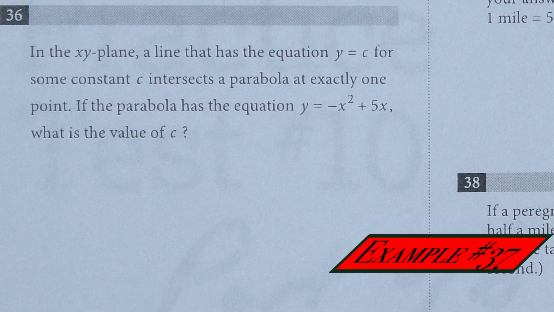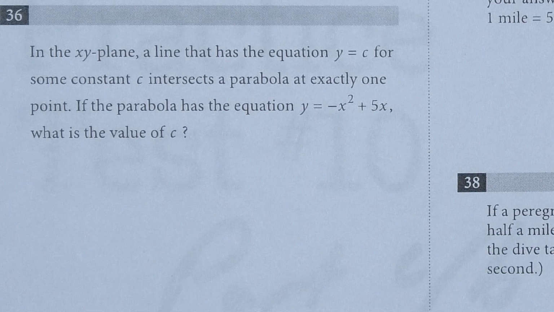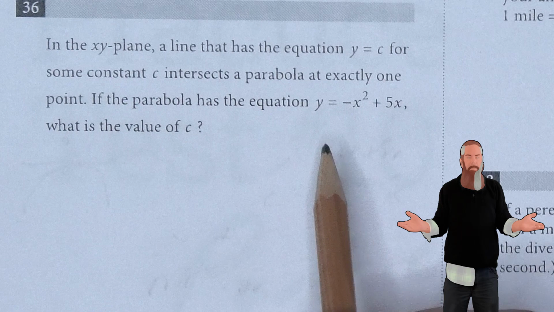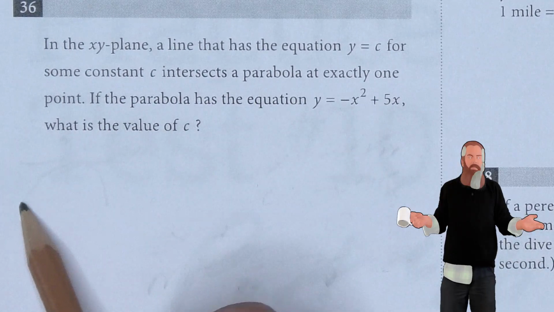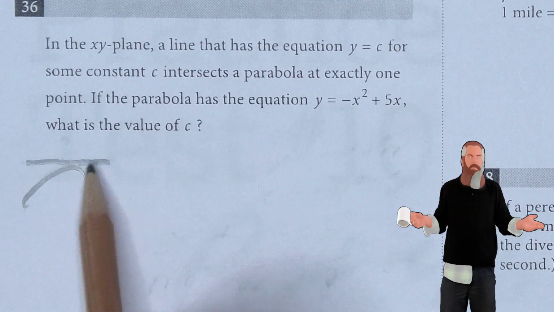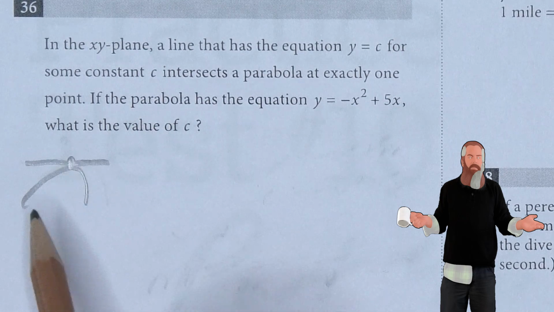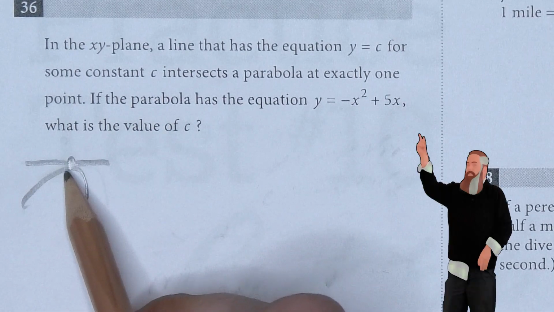In the xy plane, a line has the equation y is equal to c, for some constant c, and intersects the parabola at exactly 1 point. If the parabola has equation y is equal to negative x squared plus 5x, what is the value of c? So what I know is this is a frowny face parabola, and if a line touches it only once, it touches it right here at its maximum, which would be the middle.